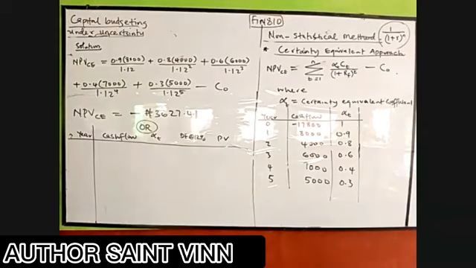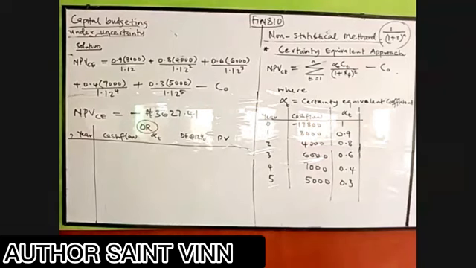So I use it like this: 0.9 bracket 8,000, I press this, that's division, 1.1, plus.